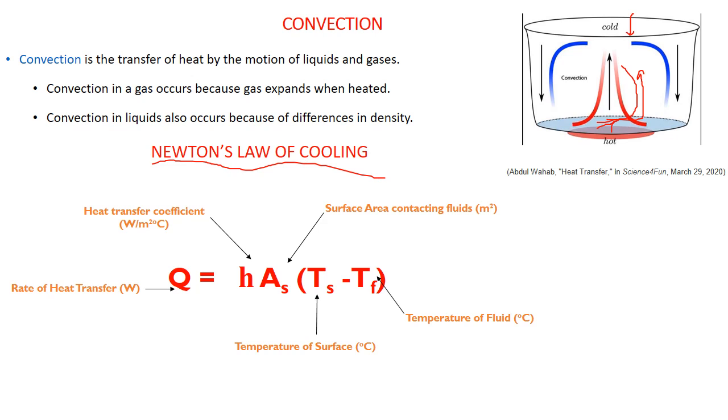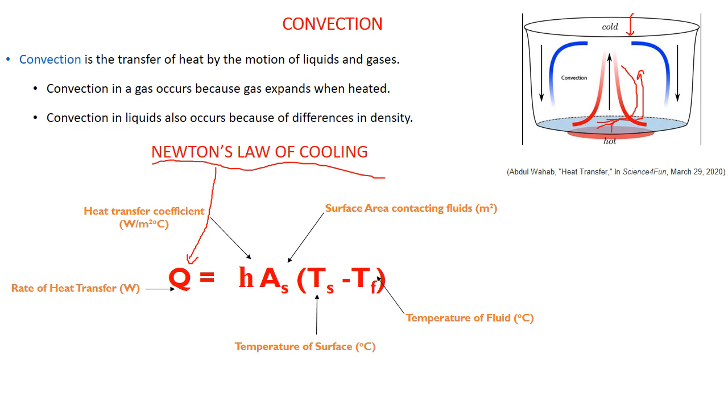In conduction I told you Fourier; in convection the name is Newton, again the name of a scientist. What he says is that the rate of heat transfer, again we have to say rate of heat transfer, don't say heat energy. So in heat transfer we have to call Q the rate of heat transfer or heat transfer rate.